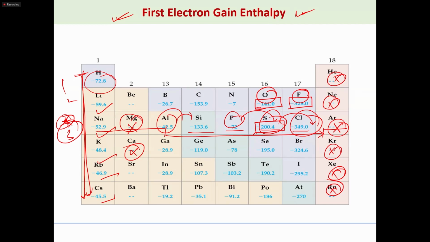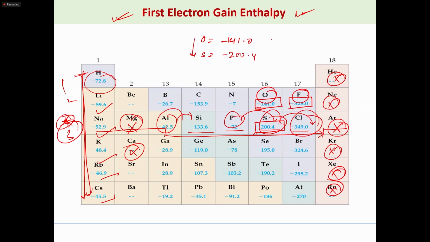We know that when going from up to down this value decreases, but here oxygen has minus 141.0 while sulfur shows minus 200.4. It increases.